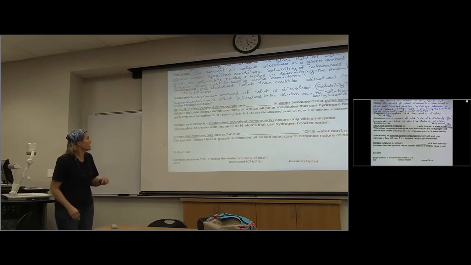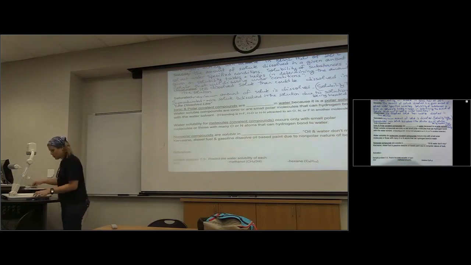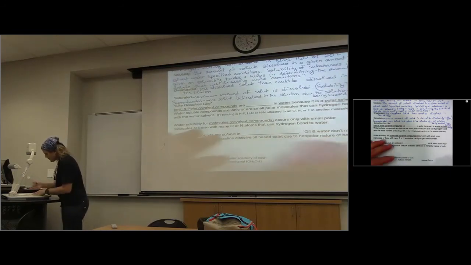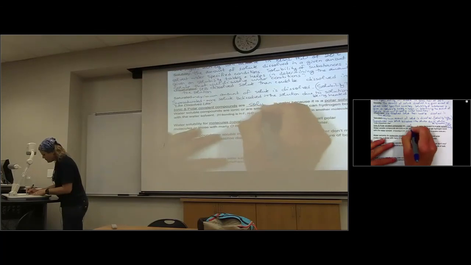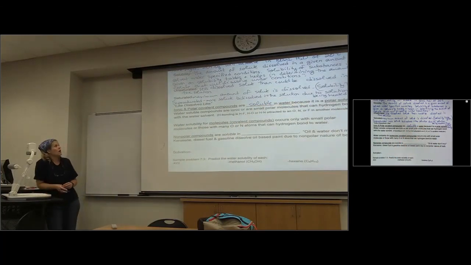So it tells us that ionic and polar covalent compounds are soluble in water because water is a polar solvent. Ionic compounds will be water-soluble usually, as will small polar molecules that can hydrogen bond with the water solvent. And then I'll remind you what hydrogen bonding is.